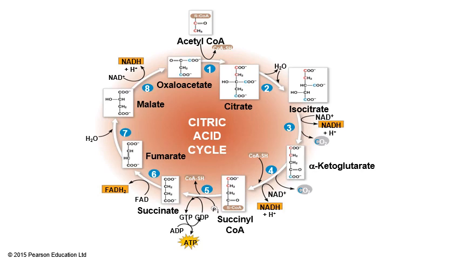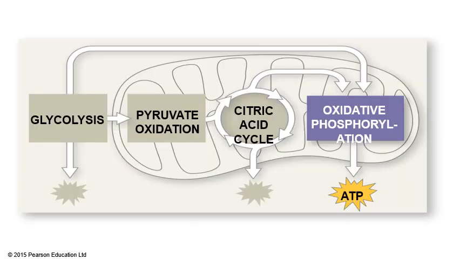Then the malate, that's the 4 carbon molecule, turns back into oxaloacetate, oxaloacetic acid, to begin with another molecule of acetyl coenzyme A that makes up the cycle, the citric acid cycle or Krebs cycle. The last step, which produces most of the ATP, is oxidative phosphorylation.